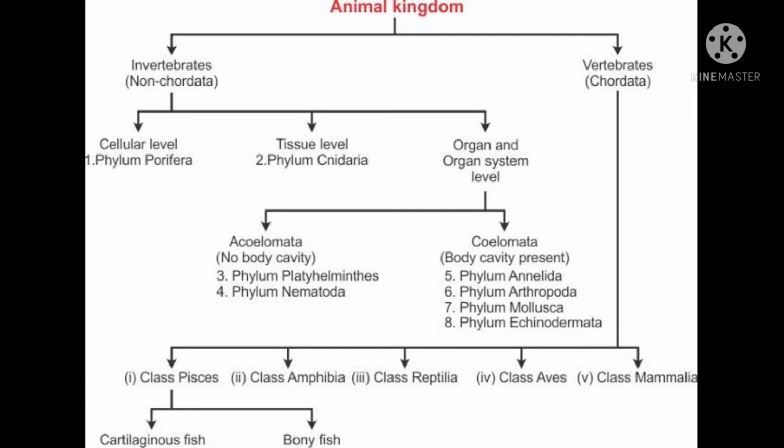Kingdom Animalia is classified into different phyla: Phylum Porifera, Phylum Coelenterata, Phylum Nematoda, Phylum Platyhelminthes, Phylum Annelida, Phylum Arthropoda, Phylum Mollusca, Phylum Echinodermata, Phylum Protochordata, Phylum Vertebrata.